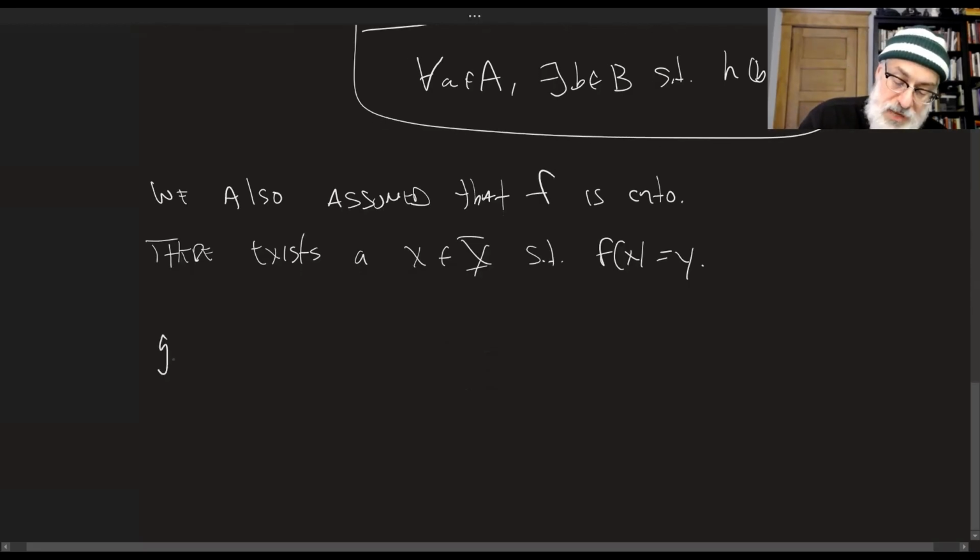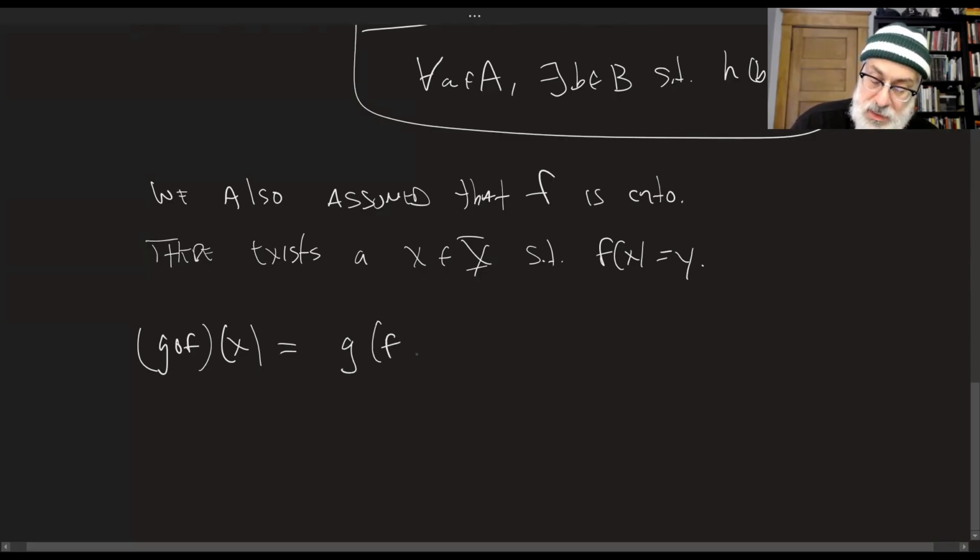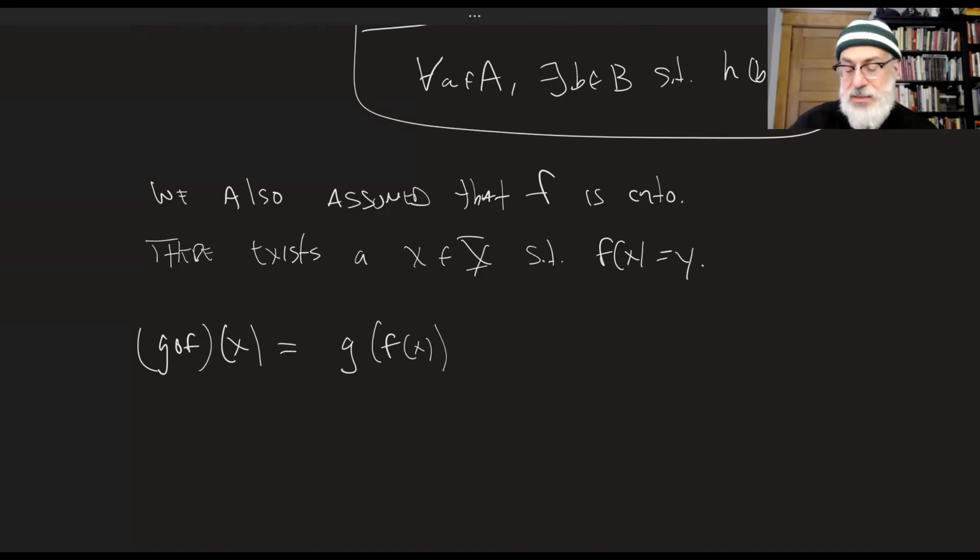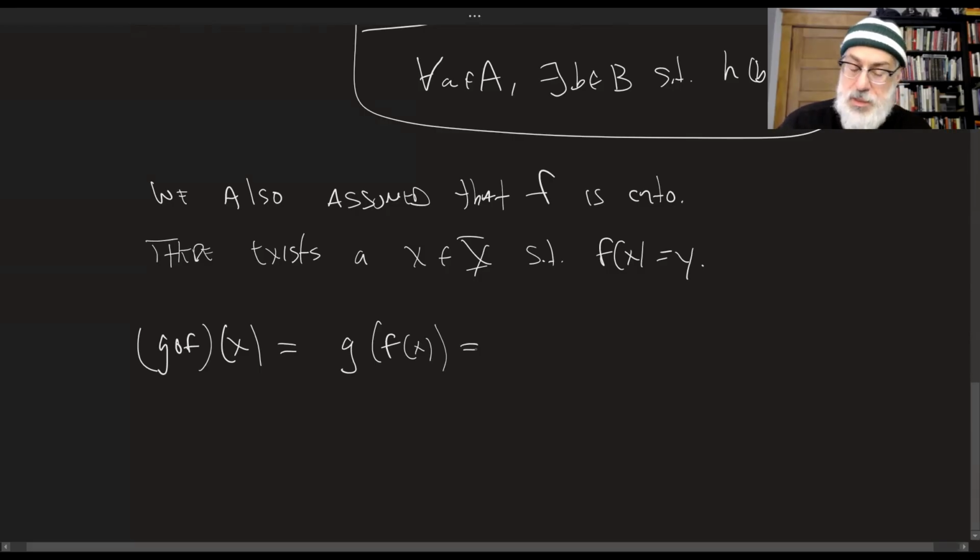So now let's look at what g composed of f is. Notationally, this is the same as saying g of f of x, meaning that if I have a function g, I input f of x into g. And we set up here, because f is onto, f of x equals y, so this is equal to g of y, because we're replacing f of x with y. And above, since g was onto, we know that this is equal to z.